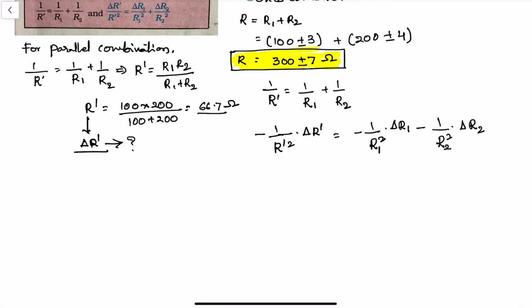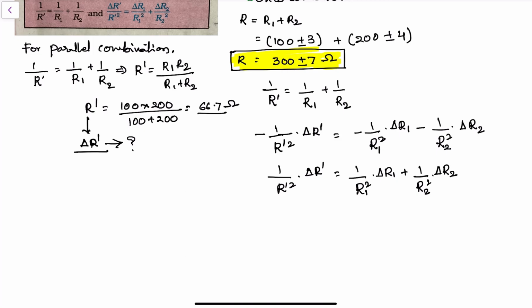So 1 by R dash square into delta R dash is equal to 1 by R1 square into delta R1 plus 1 by R2 square into delta R2.